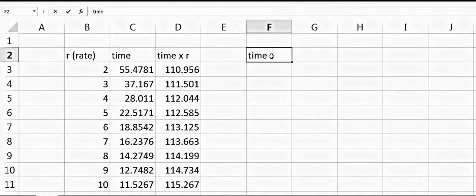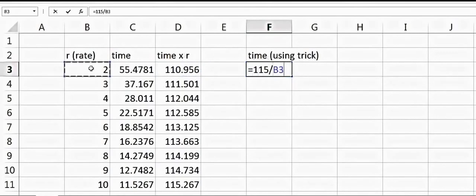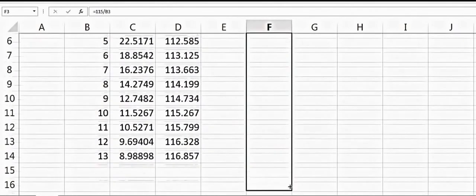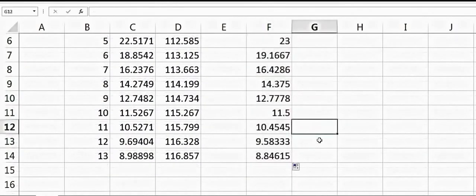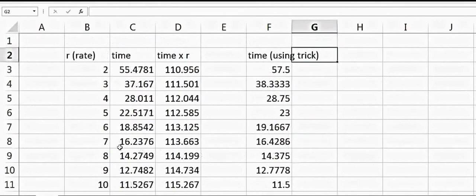So let's see, if we have used the trick, what should be the time? The time using the trick would be like this. We have 115 divided by rate, so that's 57.5 years. If you keep extending it, it's like this. If you compare, for 6% it says 18.85 years, but our trick says 19.16 years.